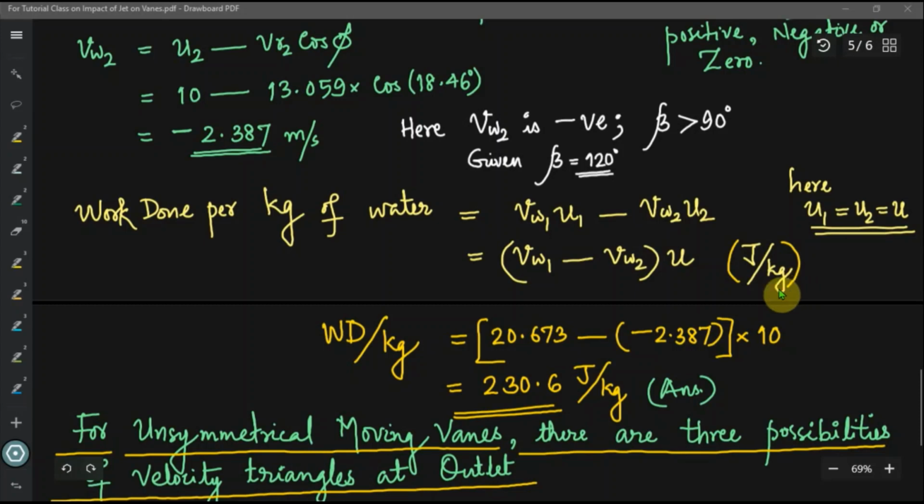And you know that joule per Newton is equal to meter. VW1 U1 minus VW2 U2 divided by g also represents the Euler's head or the theoretical head impressed by water on the vane.